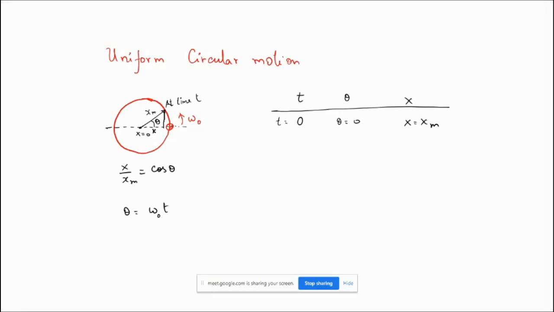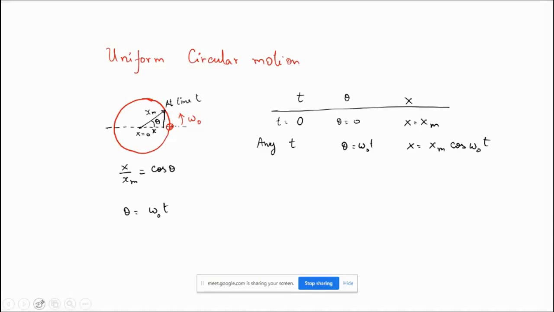The angle theta will be equal to omega naught t at any time t, and from this expression you have x equal to xm cos omega naught t.